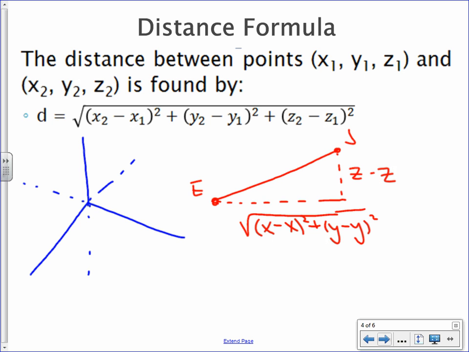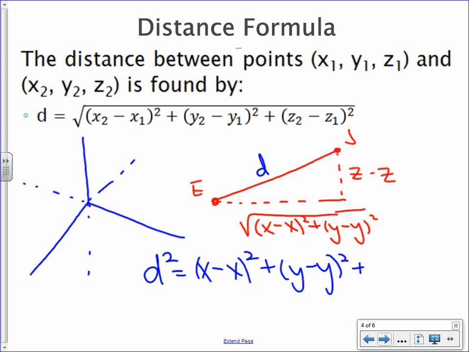we can talk about the Pythagorean theorem, right? This distance squared equals leg squared plus leg squared.